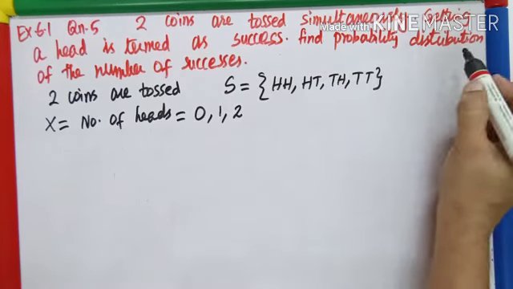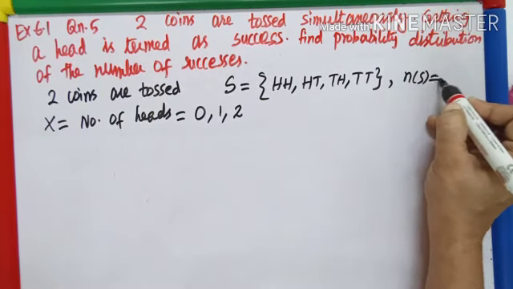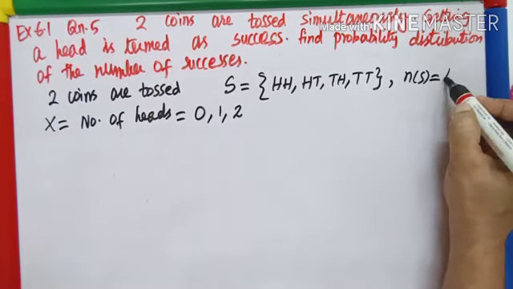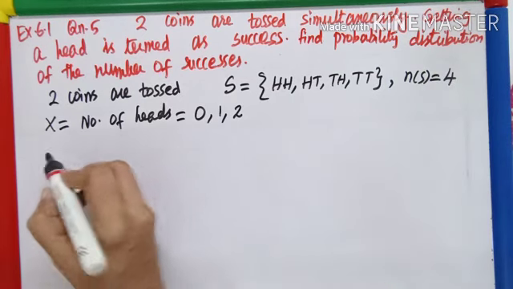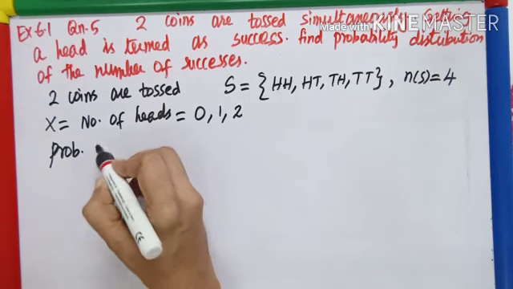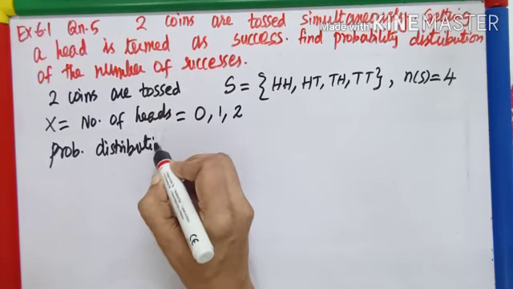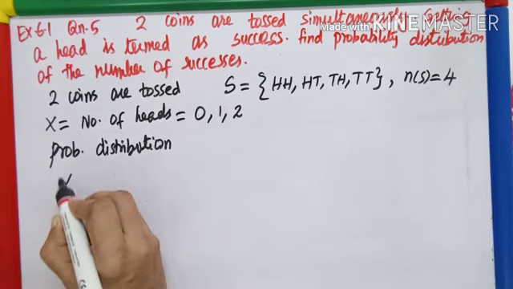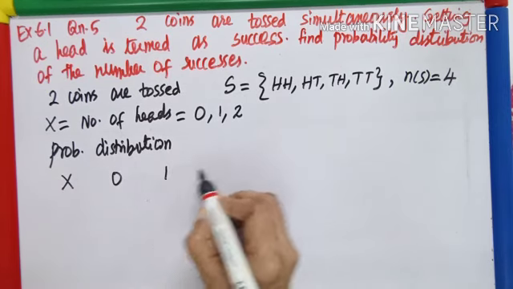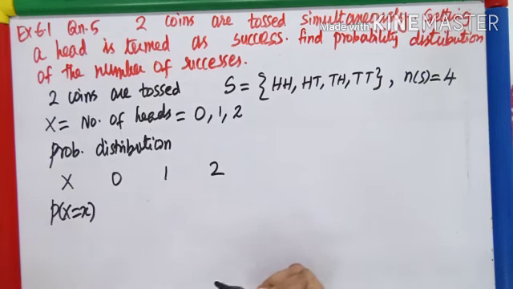Find the probability distribution of the number of successes. What is n of s? There are totally 4 outcomes. So we write the probability distribution. This being a simple problem, I can directly write the table. X values 0, 1, 2, and probability of x.